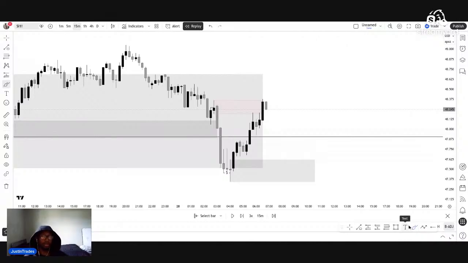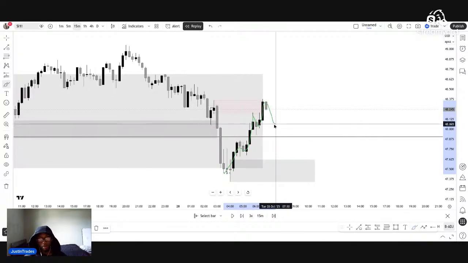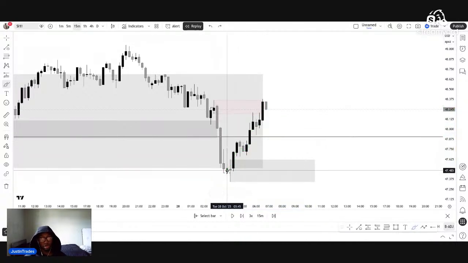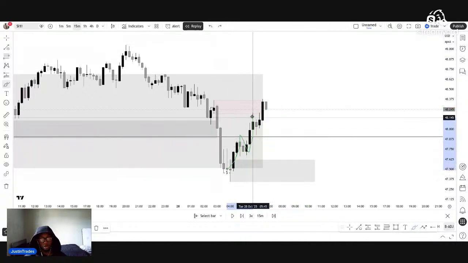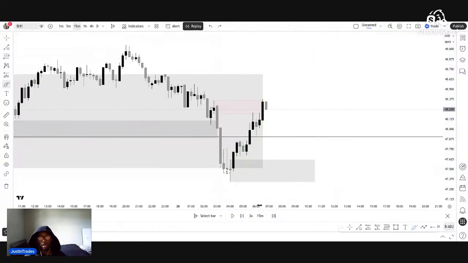If this supply zone does the job, as price is going up, the bullish candles are going to get smaller, the bearish candles are going to get bigger, and price is going to do this. If the demand was to do the job, bearish candles wouldn't even exist. Price would just continue to go up, right? So in this scenario, what do you think? It looks like the bullish candles are going to take over, honestly.